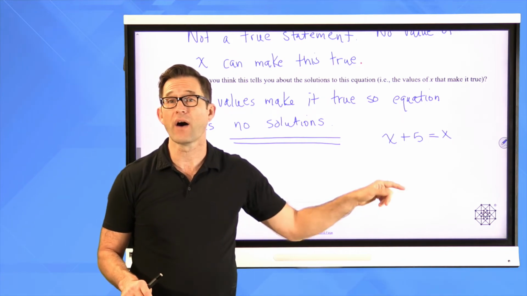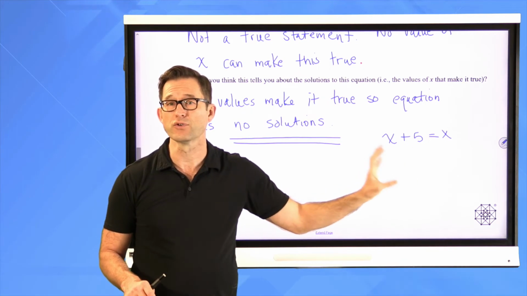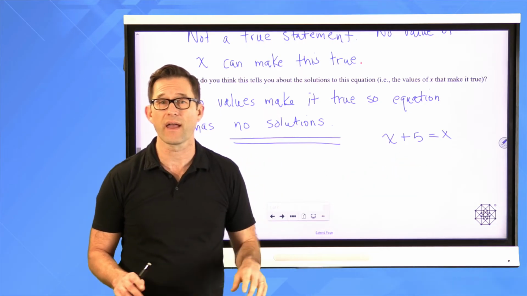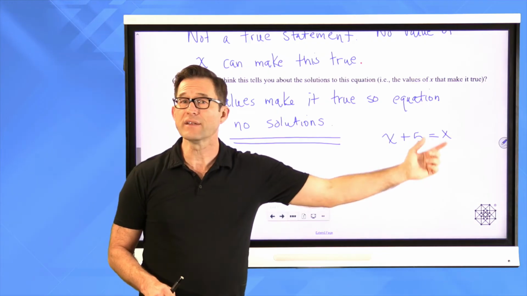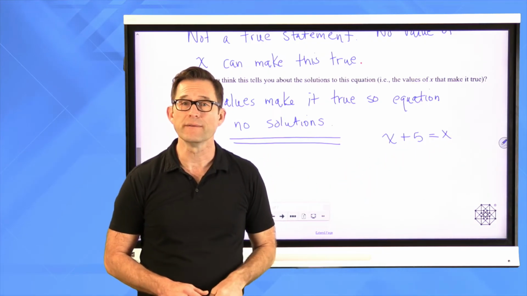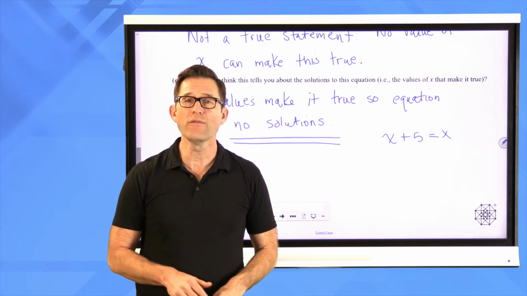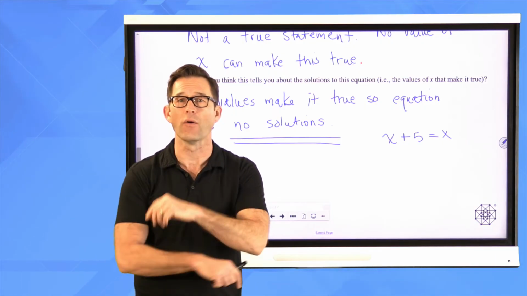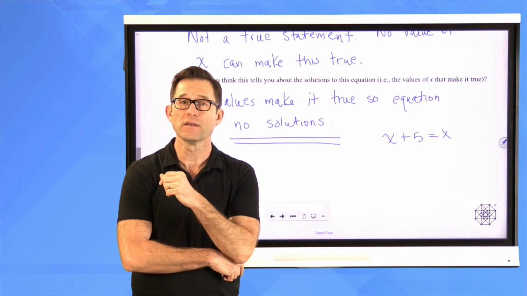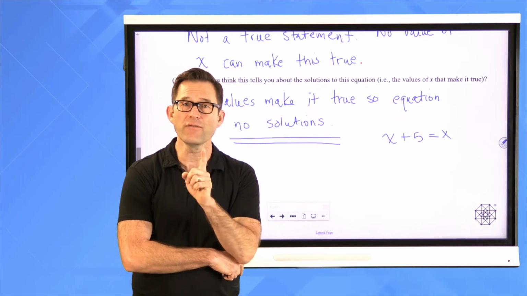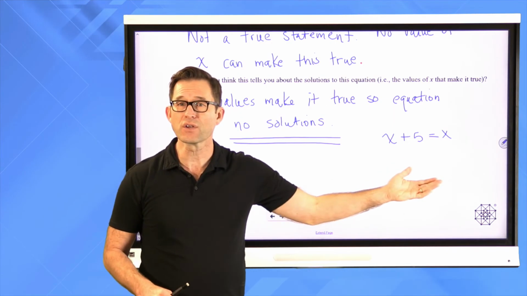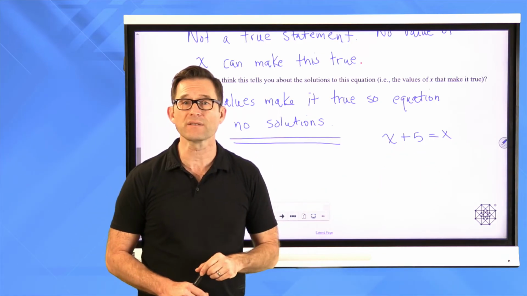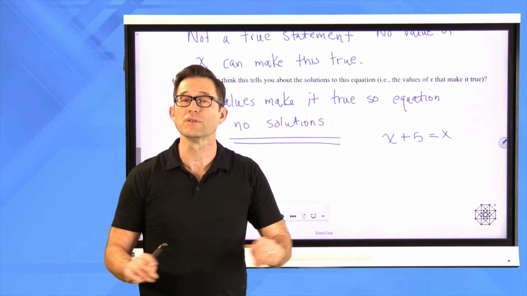Maybe I put negative 5 in here. Then I'd get negative 5 plus 5, which would be 0 equals negative 5. Doesn't work. And it doesn't work because the left-hand side is always 5 more than the right-hand side. And there is no value of x that is 5 more than itself. There just isn't. And therefore, this equation, x plus 5 equals x, can have no solutions whatsoever.